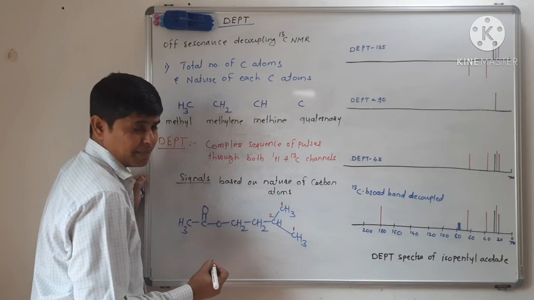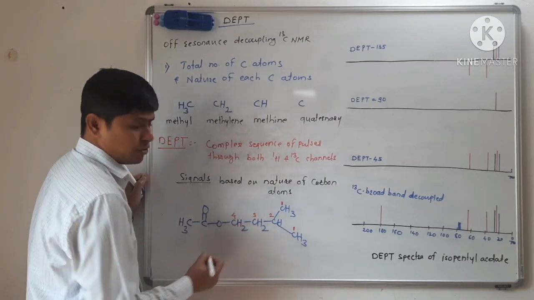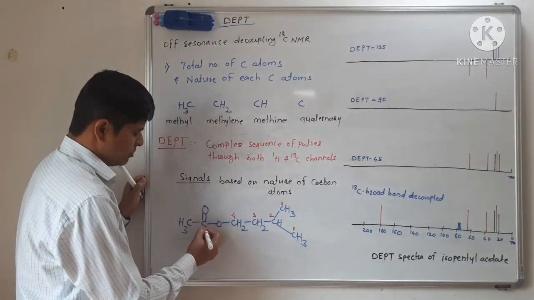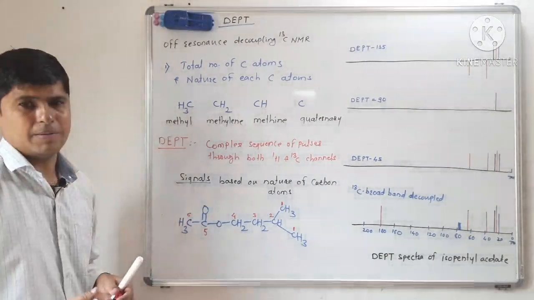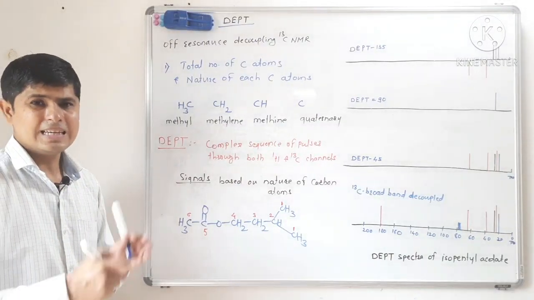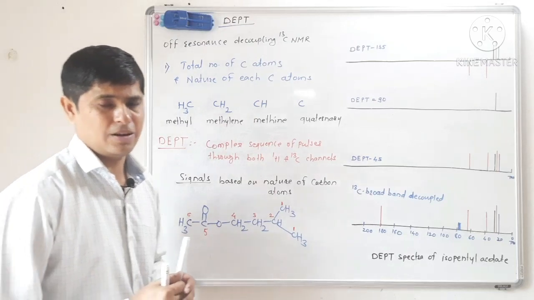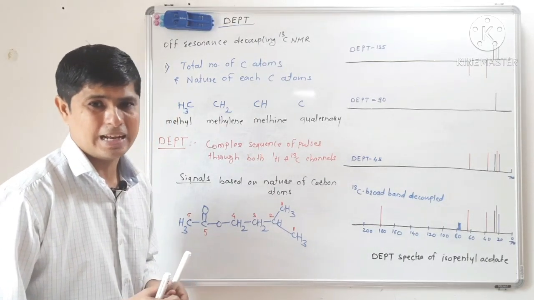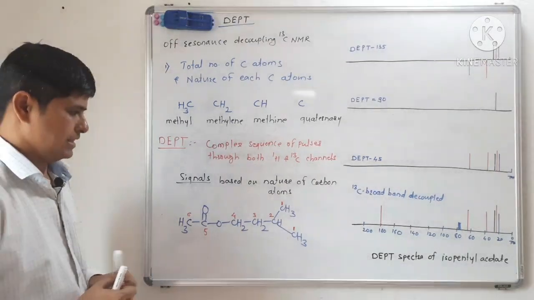This will be a second type, a third type, a fourth type, a fifth type, and this will be a sixth type of carbon atom. So there are 6 different types of carbon atom in isopentyl acetate.